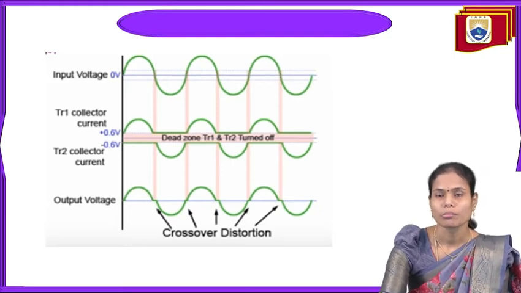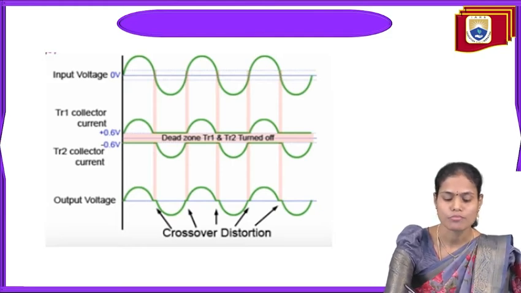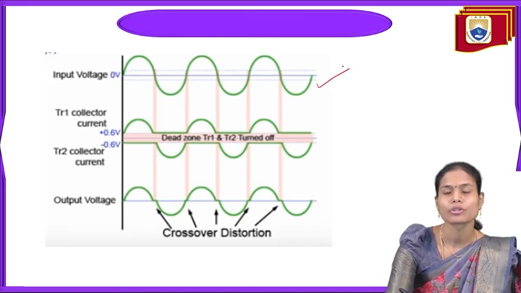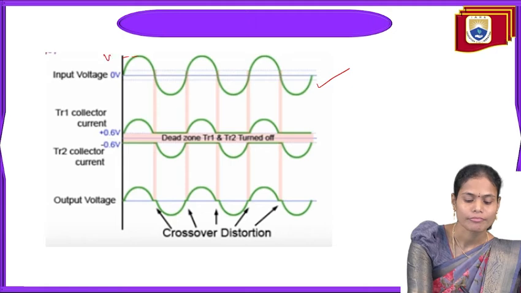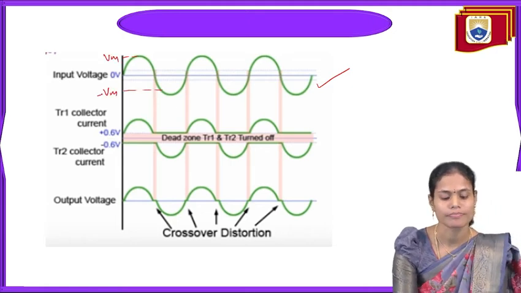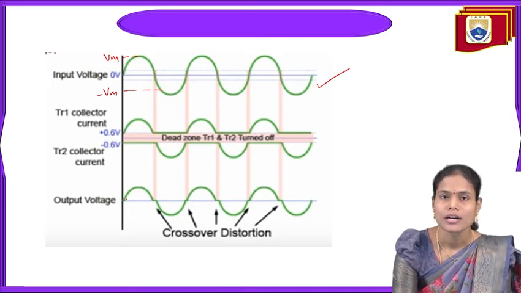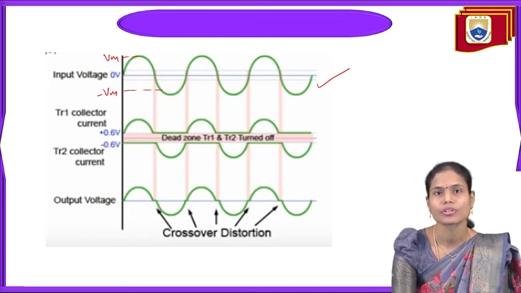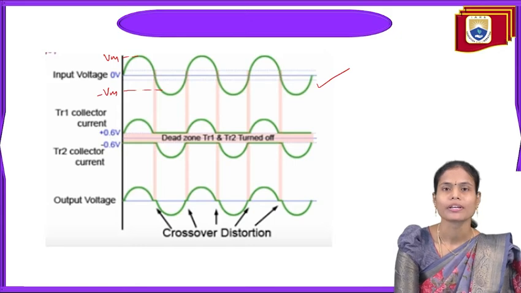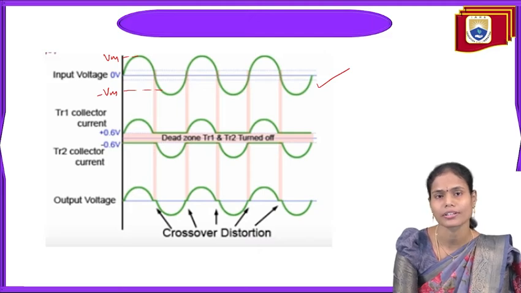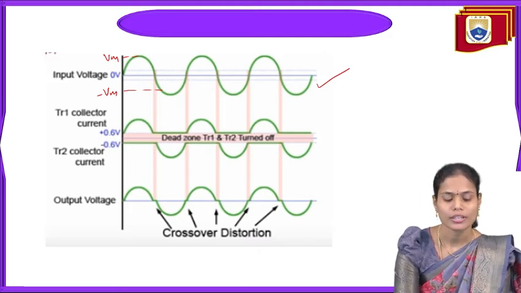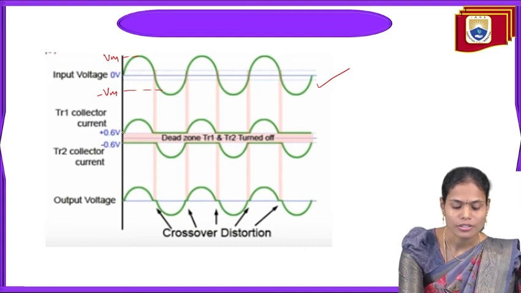So how can we see this crossover distortion? I am showing here the applied input voltage with the positive and negative half cycles, with the maximum and minimum amplitude of the signal. And here is the output of transistor Q1. Whenever transistor Q1 is in the on state, we get the collector current IC1 in this way.